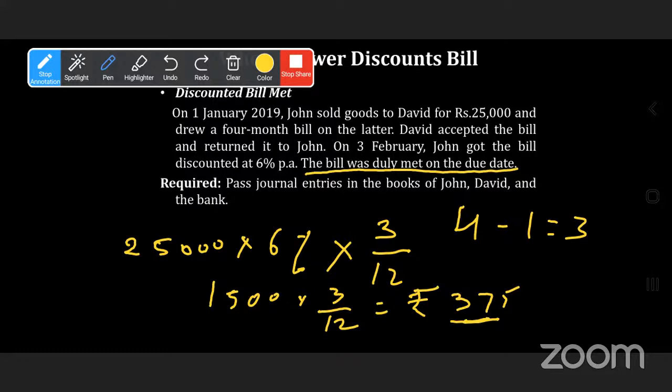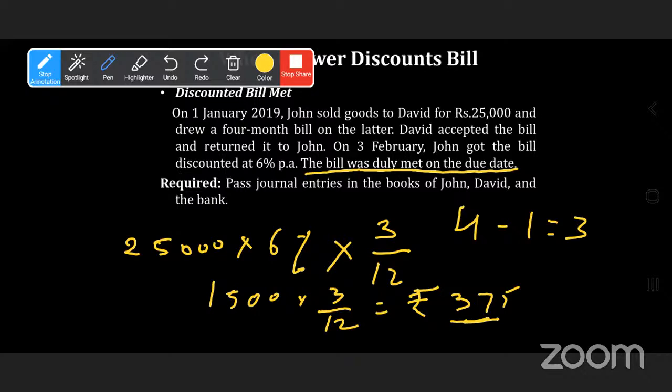Will you tell or shall I give the journal entry? Bank account debit, discount account debit, to bills receivable. Very good. Bank account debit.